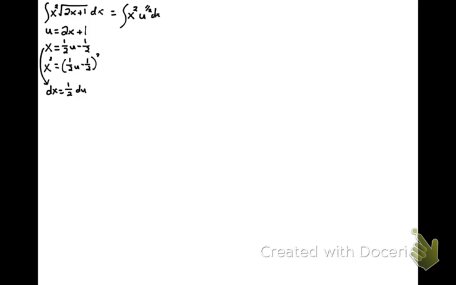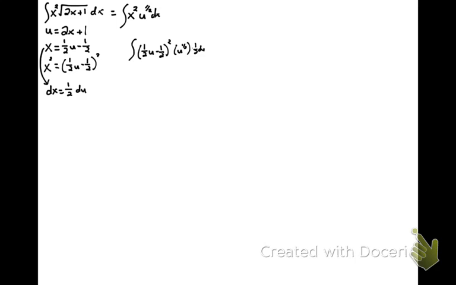And so we can now rewrite our integral. Instead of x squared, by substitution that would be 1/2 u minus 1/2 squared, times u to the 1/2, and dx equals 1/2 du, times 1/2 du.